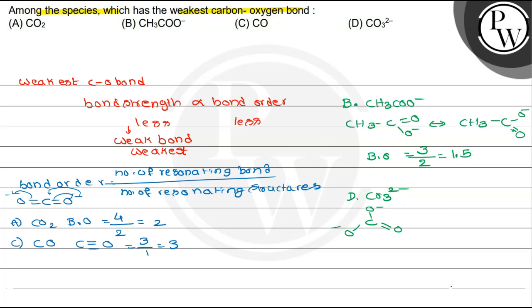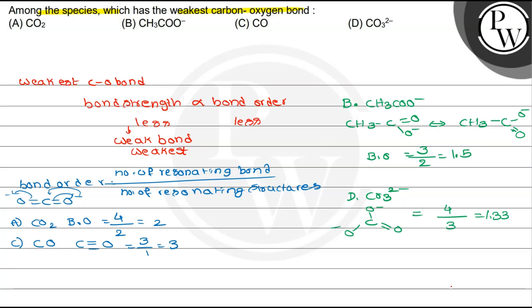For this type of structure, the bond order is the number of resonating bonds divided by the number of resonating structures. 4 resonating bonds are present, and the number of resonating structures, which is the number of oxygens, is 3. So the bond order is 4 by 3, that is 1.33.